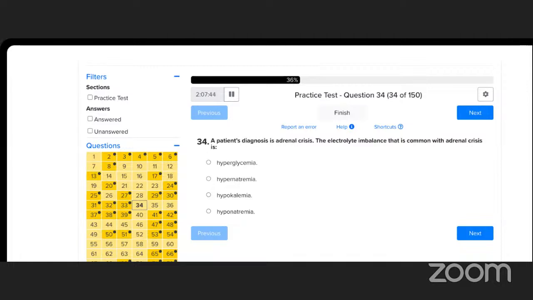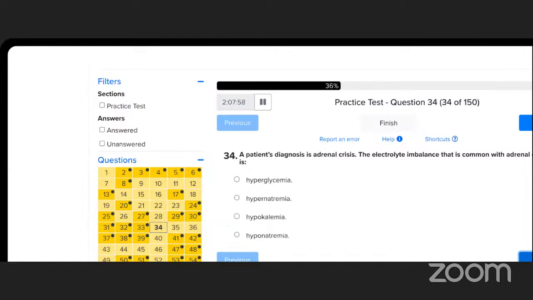Hyperglycemia is high glucose, right? Hypernatremia, B, is high sodium. Hypokalemia is low potassium. Hyponatremia is low sodium. So I just want to let you guys know when you take this exam, they will not give you any electrolyte ranges.